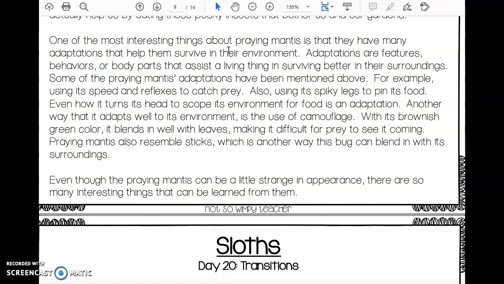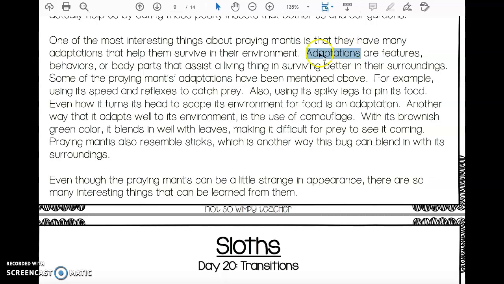So in this paragraph, the author states that the praying mantis has many adaptations that help it survive. Then the author defined the word adaptations. So if you use vocabulary words that are specific to your topic, you should think about a way to explain the meaning of those words.